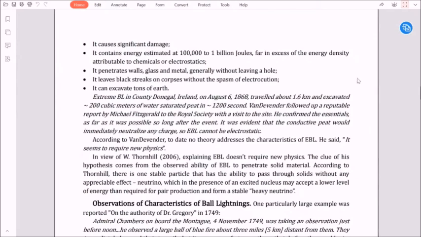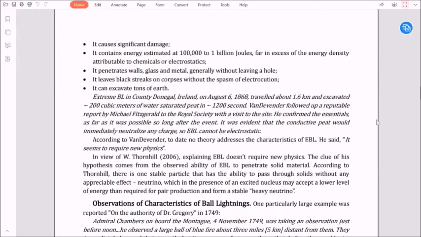Van de Vender followed up a reputable report by Michael Fitzgerald to the Royal Society with a visit to the site. He confirmed the essentials as far as it was possible so long after the event.